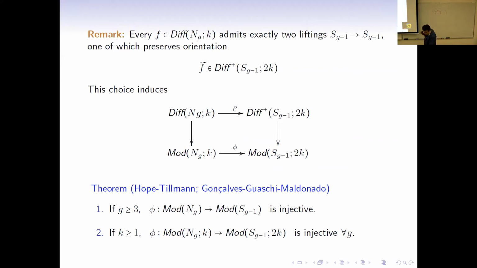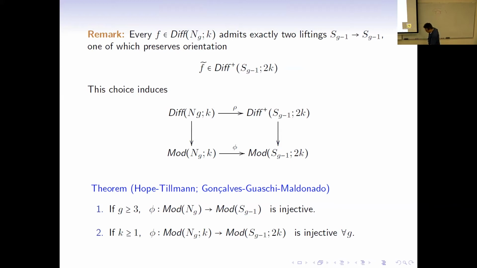So every diffeomorphism of the Klein surface with k marked points admits exactly two liftings to the orientable double cover, and exactly one of these preserves orientation. This choice induces a commutative diagram of this sort. So we go from diffeomorphisms with k marked points to diffeomorphisms of the orientable double cover with twice as many marked points, and that map passes to the mapping class groups.